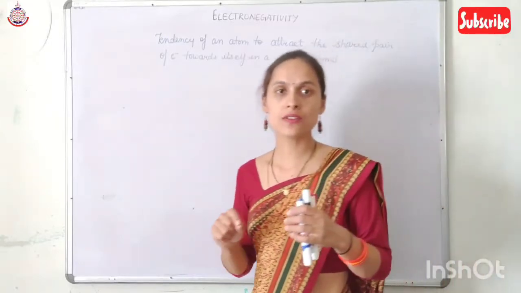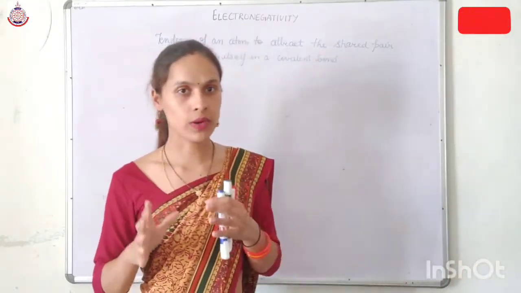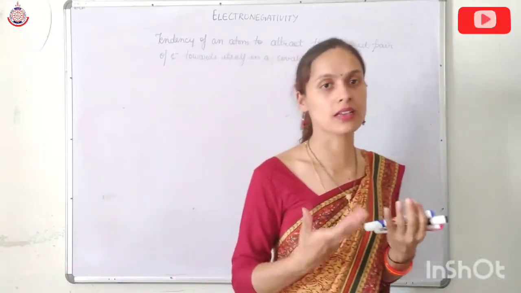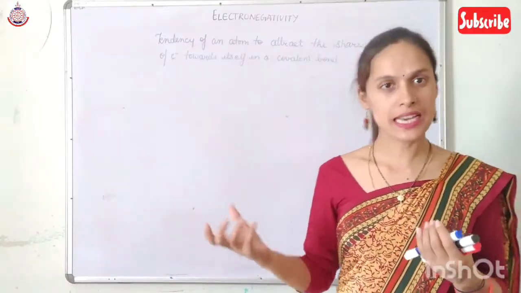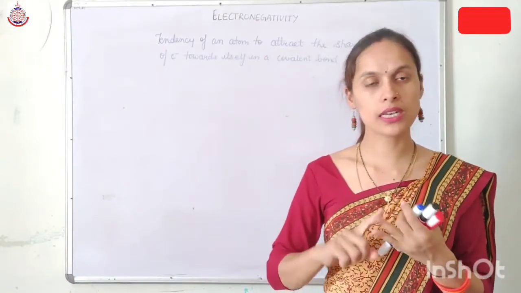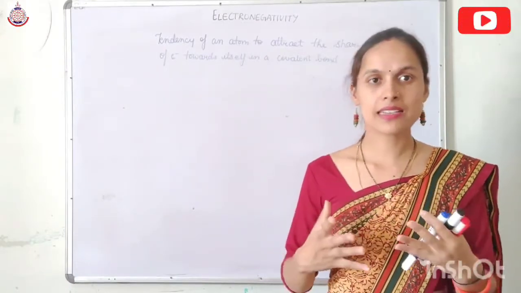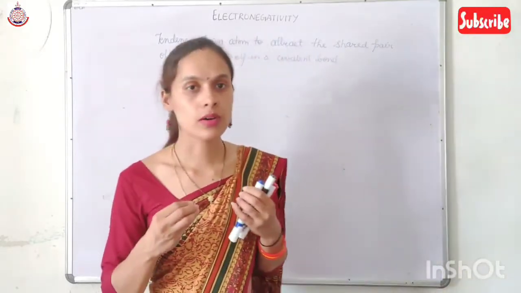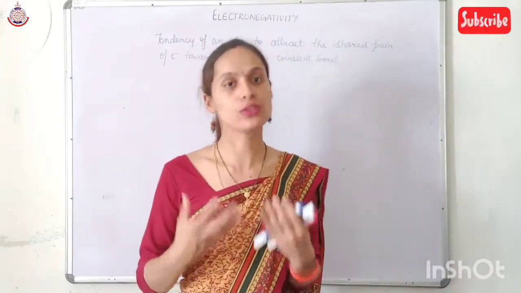So electronegativity is a non-measurable quantity, but still many scales have been given for its calculation, like the Pauling scale and Millikan scale. Out of these scales, the Pauling scale is the most efficiently used.